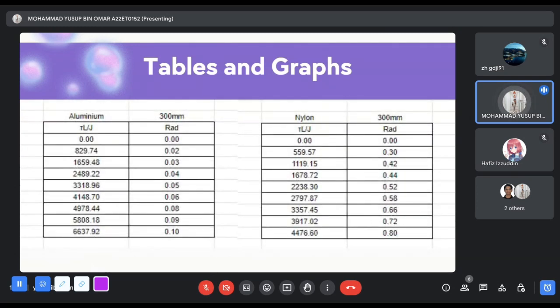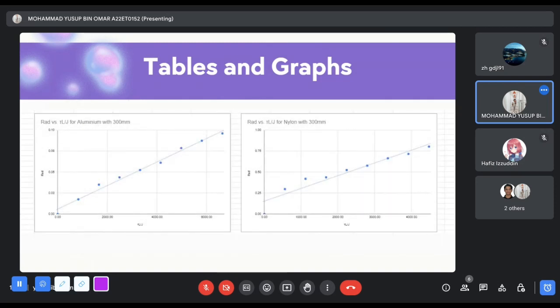And this is the table for aluminium 300 millimeter and nylon 300 millimeter. This graph is twist in radian against TL over J.